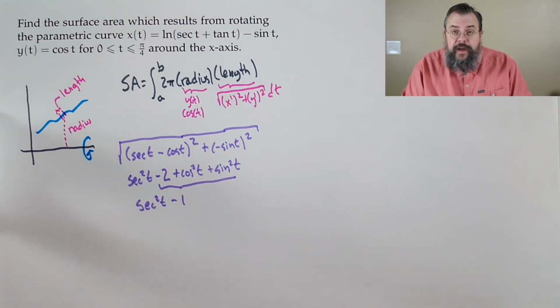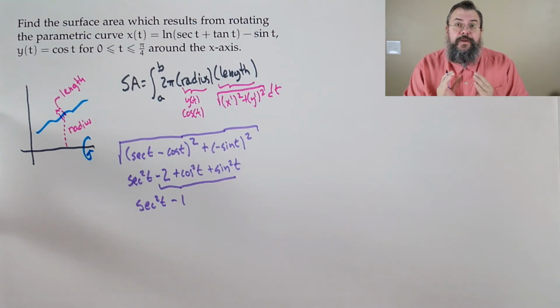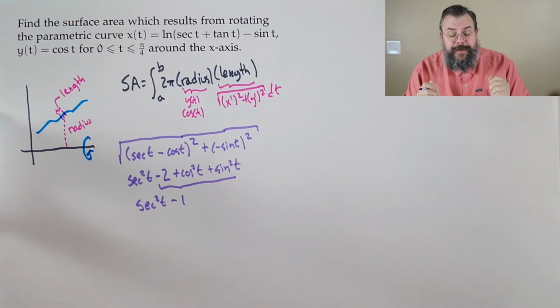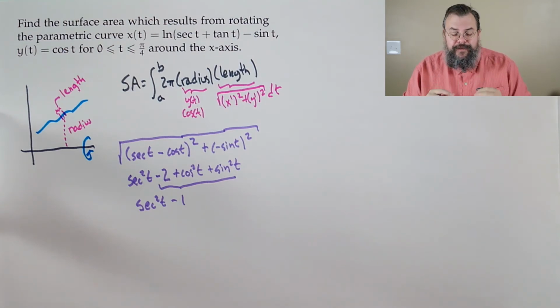All right, great. Now, secant squared minus 1. Well, the problem is that's still underneath the square root. We'd really like to get rid of that minus in the middle. How do we do it? Well, this is not a case where we can write the inside as a square by factoring, but maybe there's a trig identity that we can use.